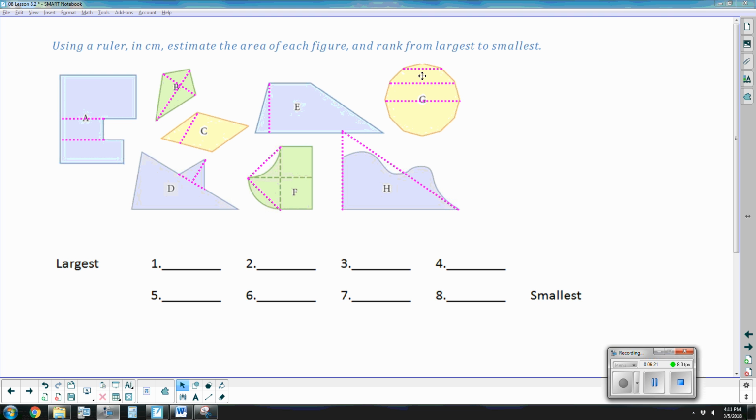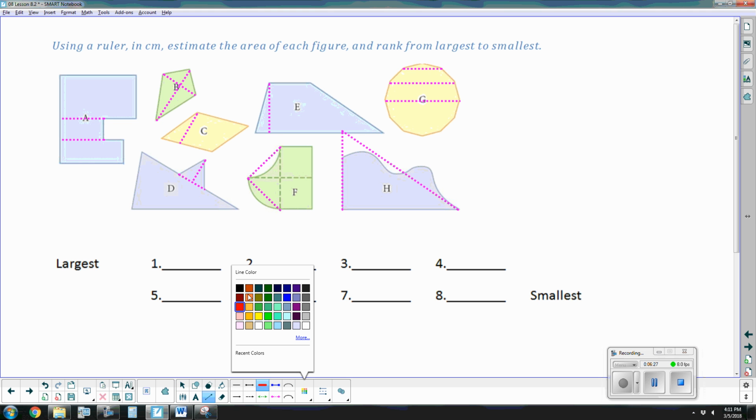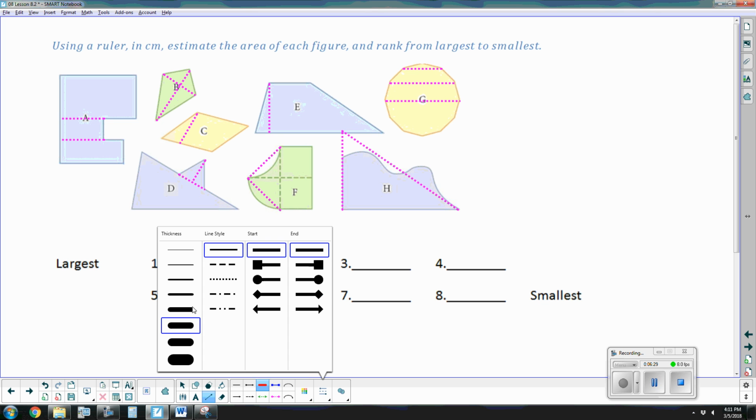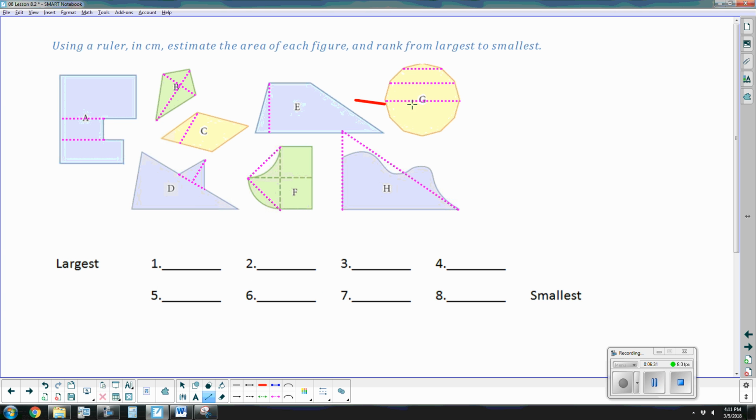Figure G, I have a triangle and 2 trapezoids in the top half. And I'm not going to measure all of those, I'm just going to multiply that by 2, because this is approximately half of my figure. And then in figure H, I have 1 triangle.